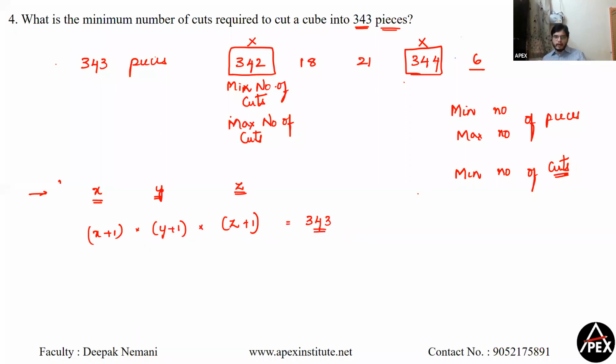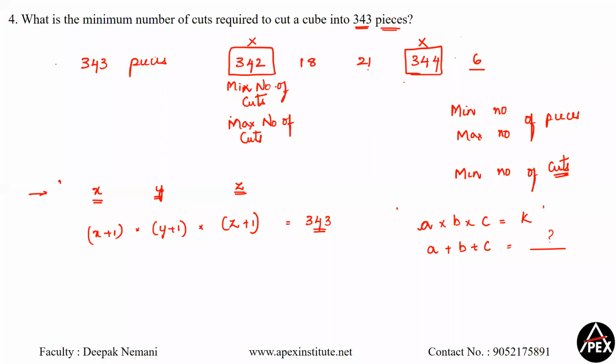Now tell me guys, there is also one more identity in algebra. When a into b into c is constant, what will be the minimum value of a plus b plus c? When will we have the minimum value of a plus b plus c?